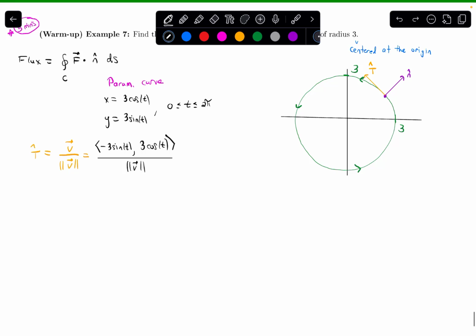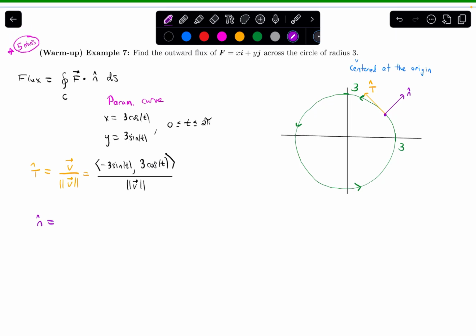Okay, and now let's use this to find the normal vector. My normal vector also needs to be a unit vector, so I need to preserve the length. Let me keep dividing by the same scalar that I have on the bottom, the length of the velocity. And on the top, I'm also going to preserve these components, but switch the order and switch the sign.